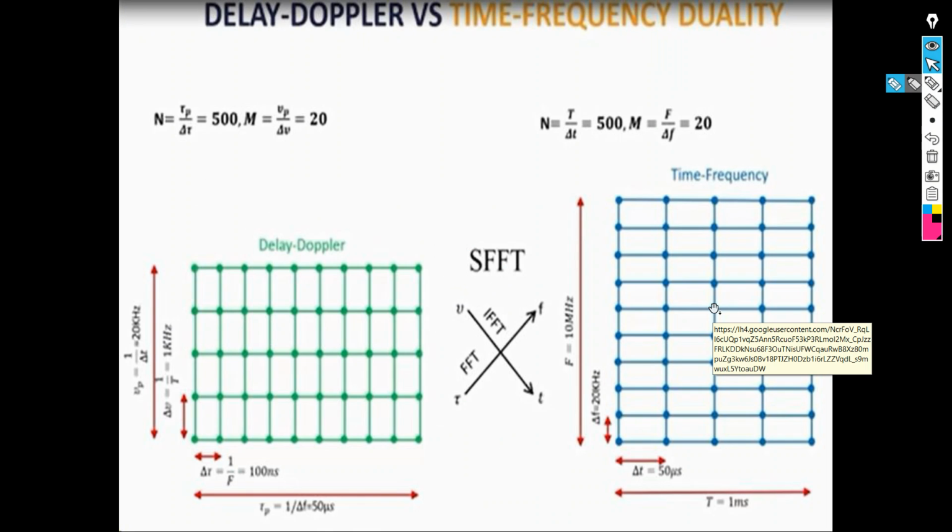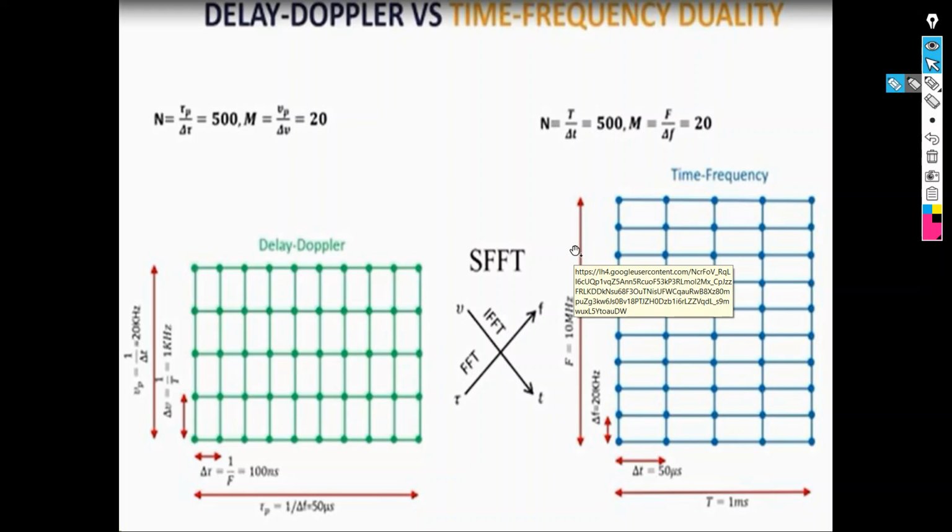and then after the symplectic Fourier transform, this is the matrix you have that contains the QAM. After the symplectic Fourier transform, you have the time frequency domain. Basically tau maps to frequency and V maps to time, and you also get new definitions of variables.